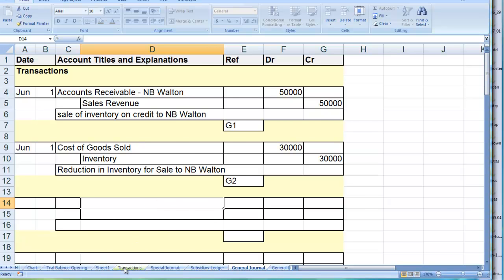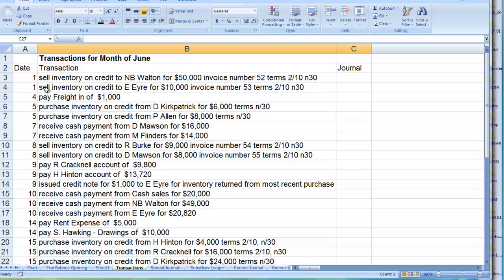Now we'll go back and look at the next transaction. Sell inventory on credit to E-Air for $10,000, invoice number 53, terms 2/10, net 30. So I guess really I should have added this information to my general journal entry.